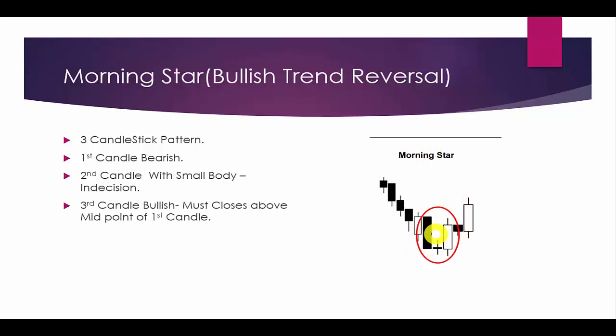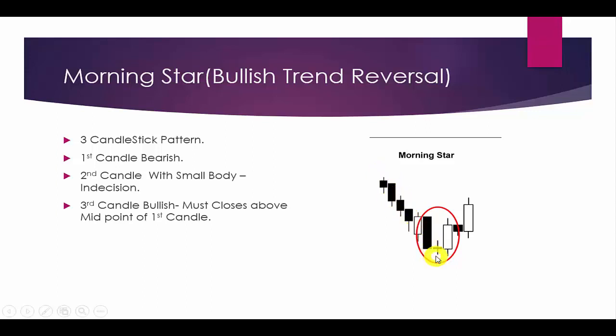Actually, around 4 years ago, when these candlestick patterns were studied, at that time bullish candles were in white color and bearish candles were in black color. So it has been named morning star because the night has been finished. This night means this downtrend.